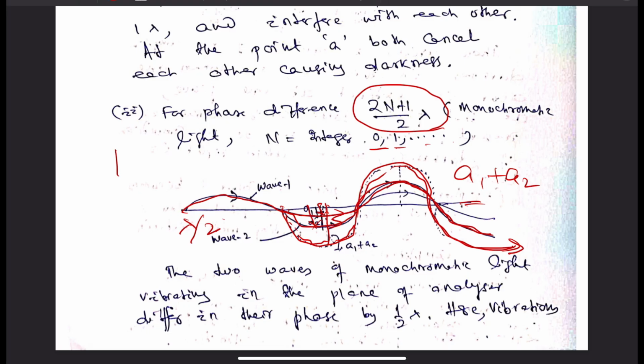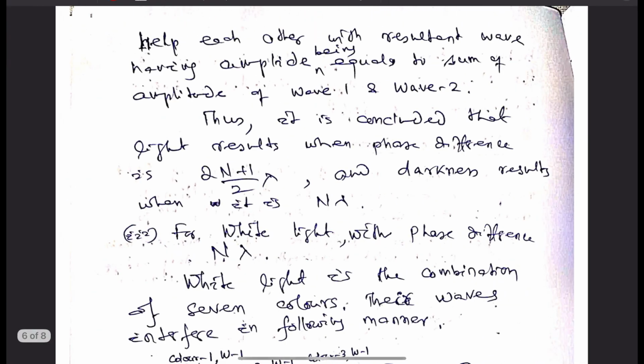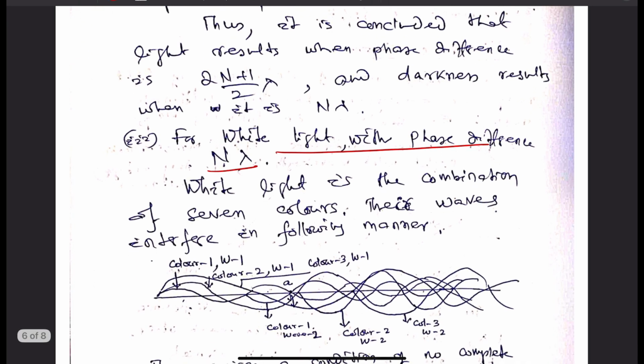So this is the case when we talk about the monochromatic light. But when we go for the optical study of rocks and minerals, we do not use monochromatic light. We use white light. So what happens when white light is being used? Let us take a case of n lambda. White light is a combination of 7 colors. Their waves interfere in the following manner.